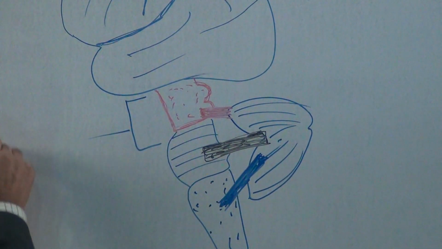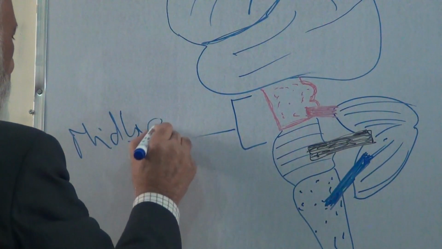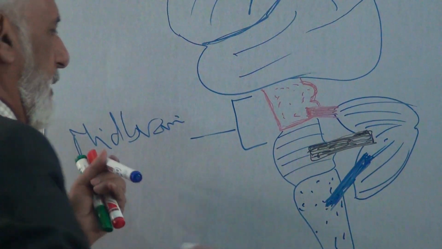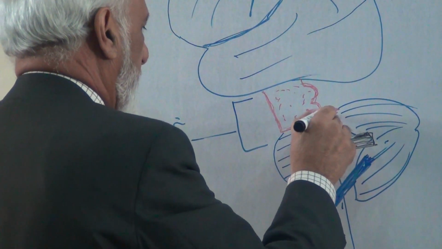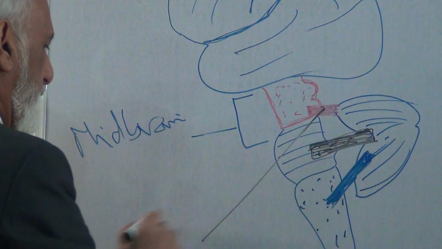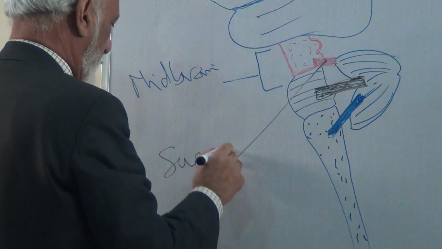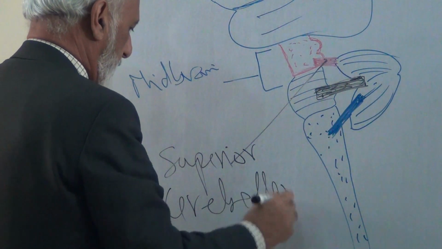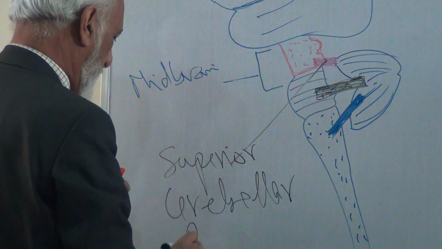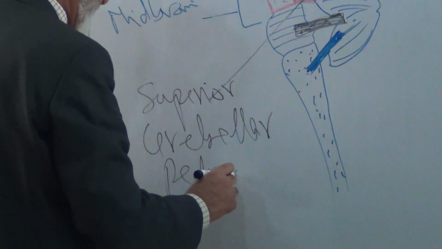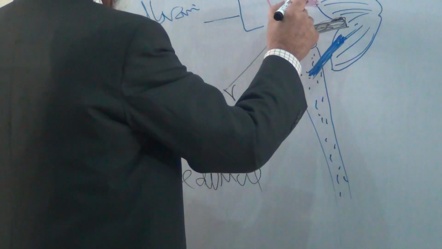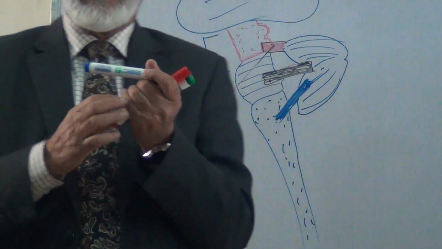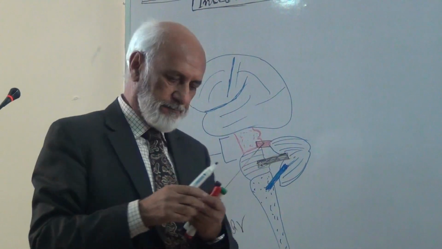So this is midbrain lateral view. And this is superior cerebellar peduncle of one side. So there is a pair of superior cerebellar peduncles which connect the cerebellum with the midbrain.